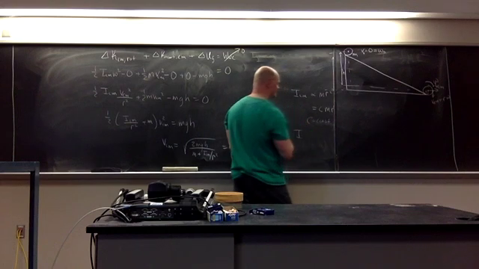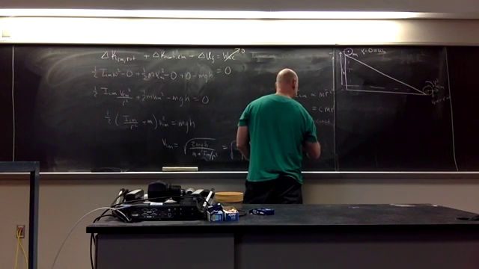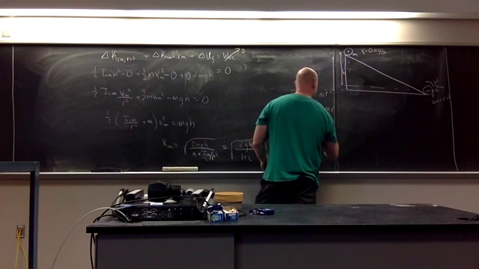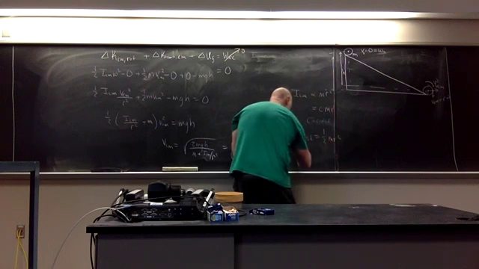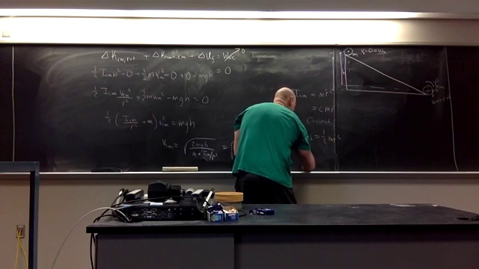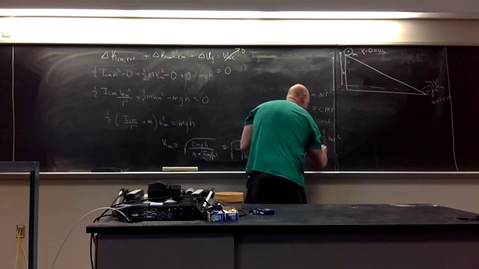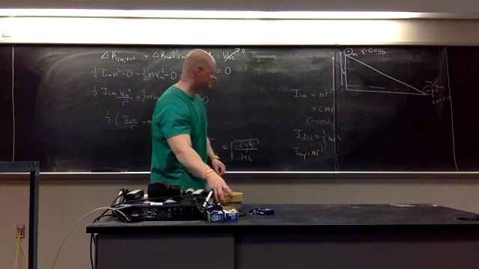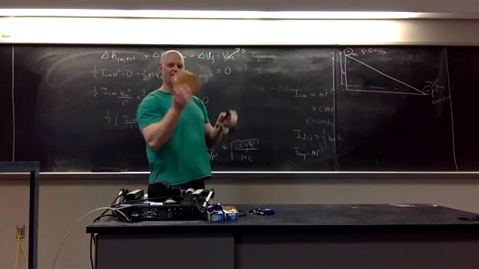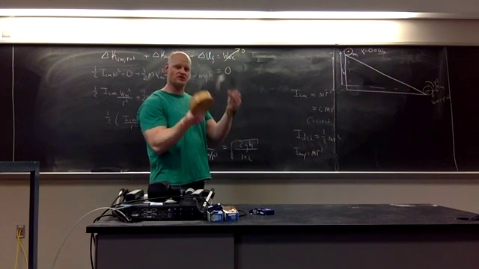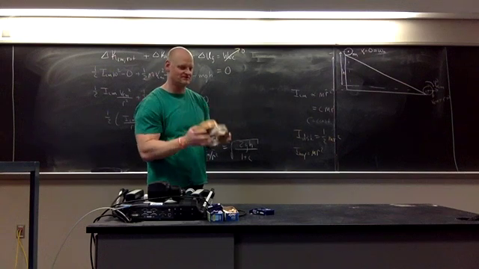So let's put that in some context. The moment of inertia of the disk about the center of mass is equal to 1/2 m times the radius squared. And the moment of inertia of the hoop is simply its mass times its radius squared. That means this one has a smaller moment of inertia than this one by a factor of 1/2.